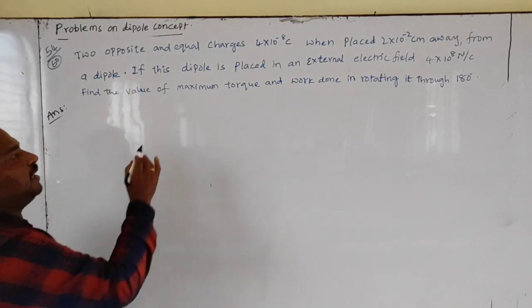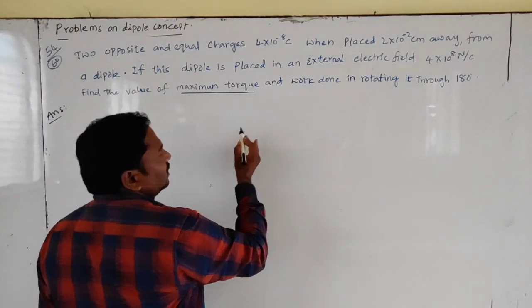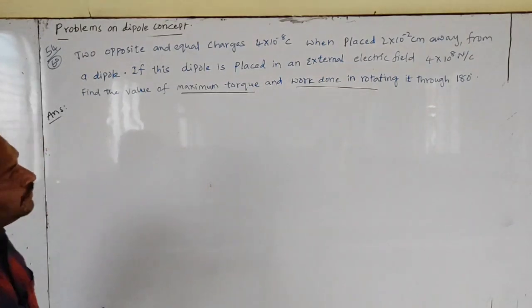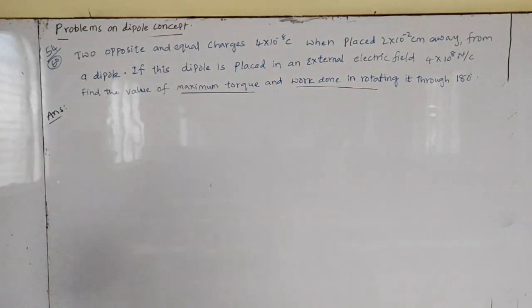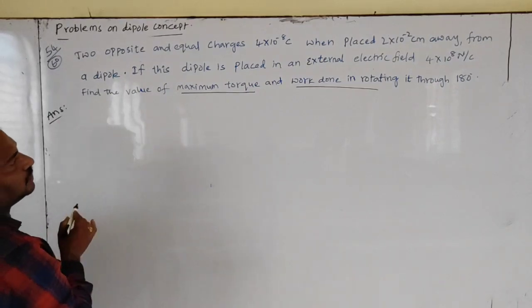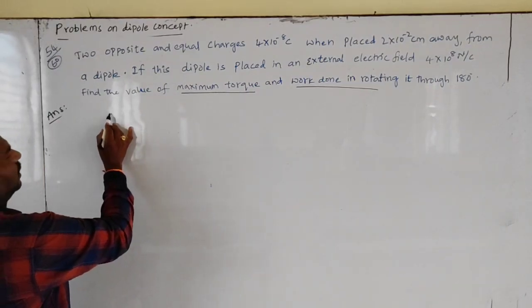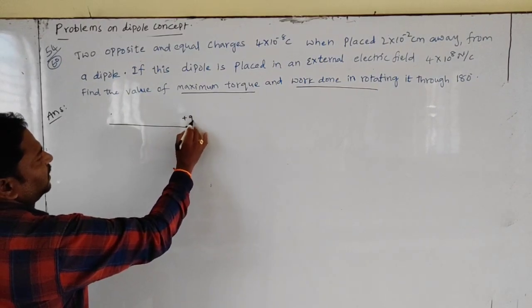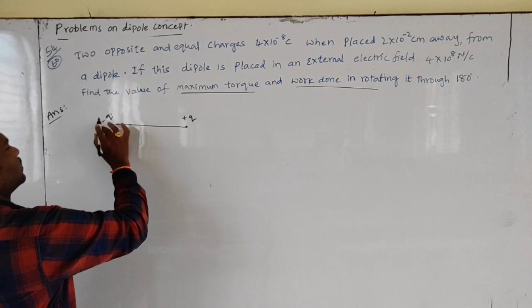So what we have to find? We have to find maximum torque and work done in rotating through 180 degrees. So first, what are the given values? These are the two charges, plus q and minus q.